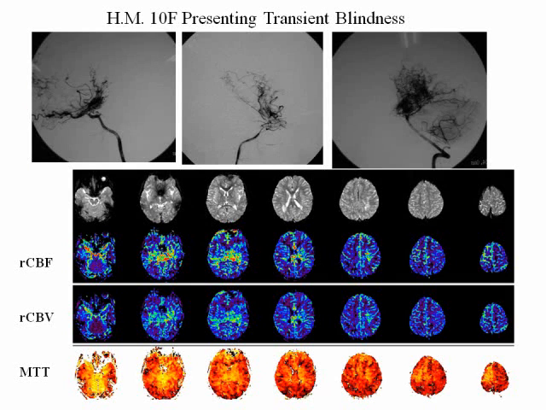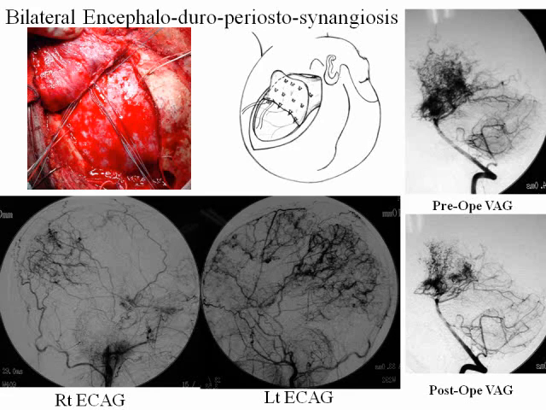So in this patient, only the posterior part was operated on bilaterally using encephaloduroperiosteal angiosynangiosis. This is an indirect surgery using periosteum. And very good revascularization was induced by this surgery.